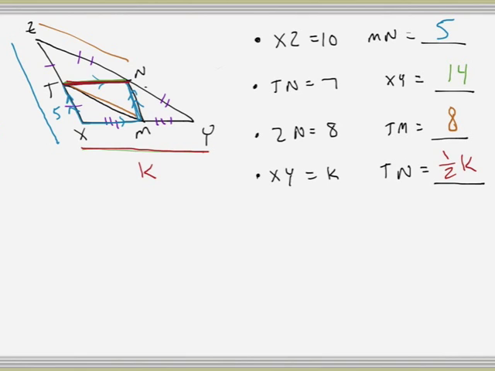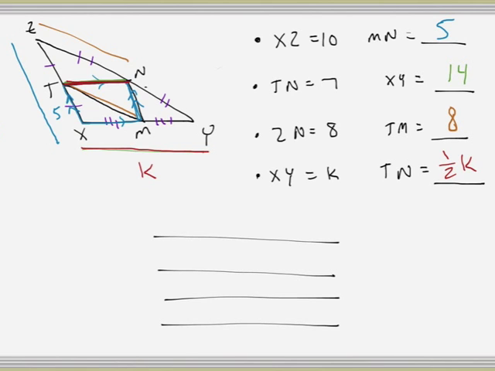Okay? So you will have several problems like this in your assignment. There's one other type of problem that you will have several of, and that is you will have some parallels. We will know that those parallels are cutting these transversals in such a way that they're making congruent segments.